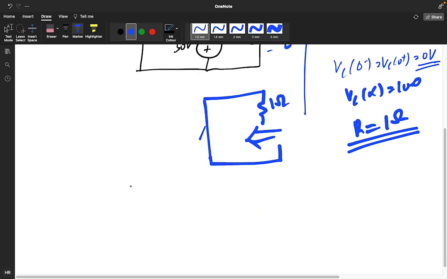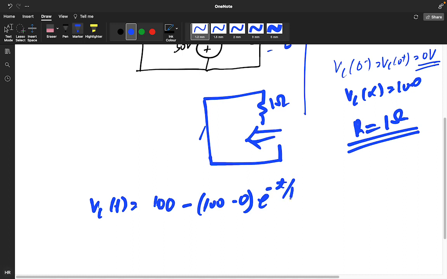Now put the values and get Vc of t. Vc of t is equal to Vc infinite, 100, minus 100, Vc 0, e power minus t by RC. The R value is 1 only and the C value is 1 only, so it will be t only.